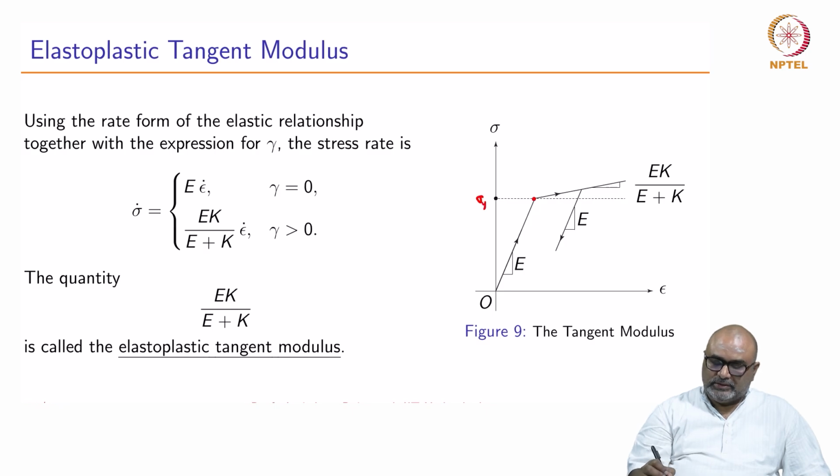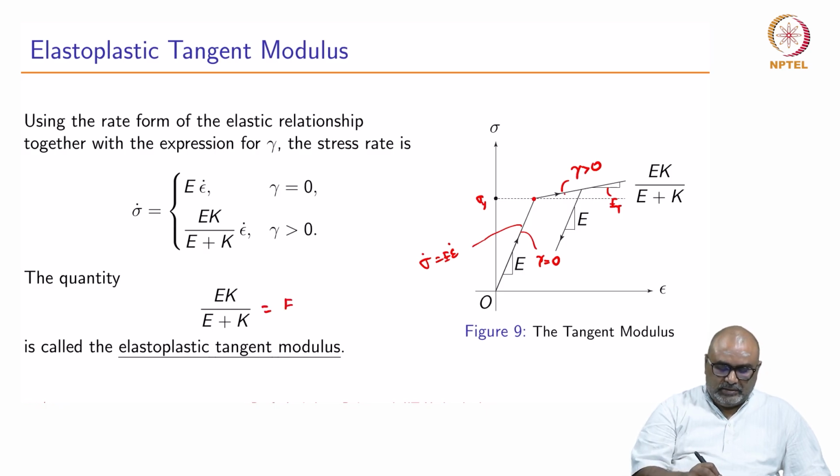we get that up to the initial yield value it is linear elastic, and in this region gamma is equal to 0, and here gamma is greater than 0. Here sigma dot is equal to E times epsilon dot, whereas in this region it is given by Et.